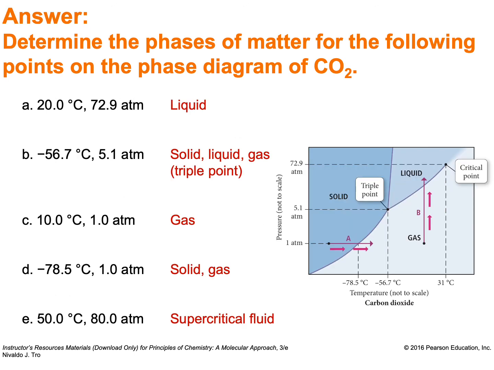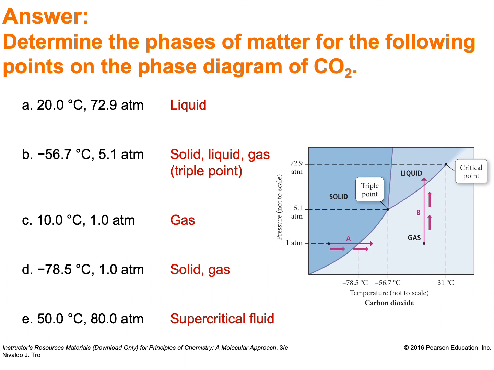The answers: for part A, at that temperature and pressure, you have a liquid. You're at the triple point in part B. That's the point at which you have a solid, liquid, and gas in equilibrium. Point C is 10 degrees Celsius, 1 atmosphere. You have a gas. Number D, minus 78.5 and 1 atmosphere is a solid and a gas.